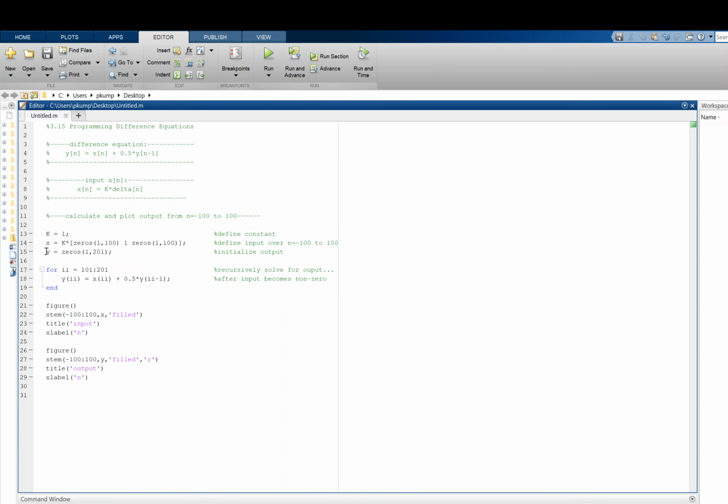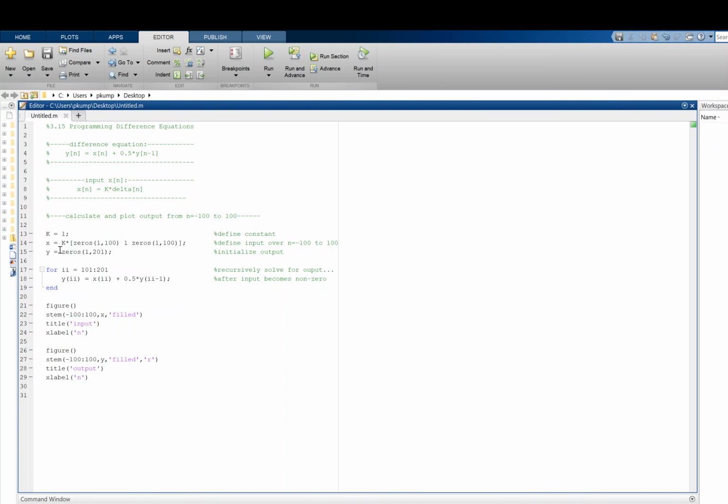Now, the vector y is going to hold all of the samples for the output, and we're going to calculate these recursively. So I'm initializing y as just 201 zeros. Why 201? Because calculating from negative 100 to 100 in steps of 1 gives 201 samples: 100 to the left of the origin, 100 to the right, and the origin itself.